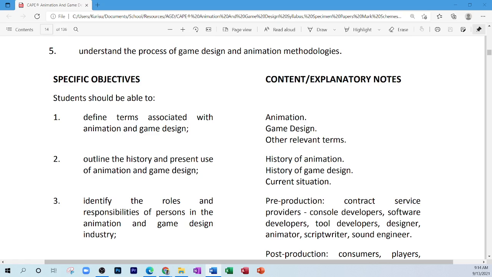Good. What is game design? Game design is the creation of games, whereby it can be educational or used for entertainment purposes. Good. And what goes into the creation of games?